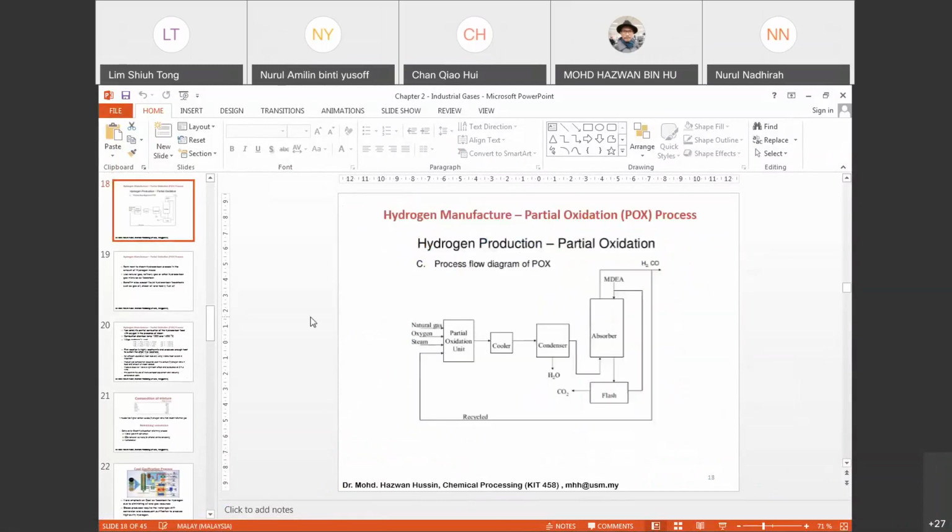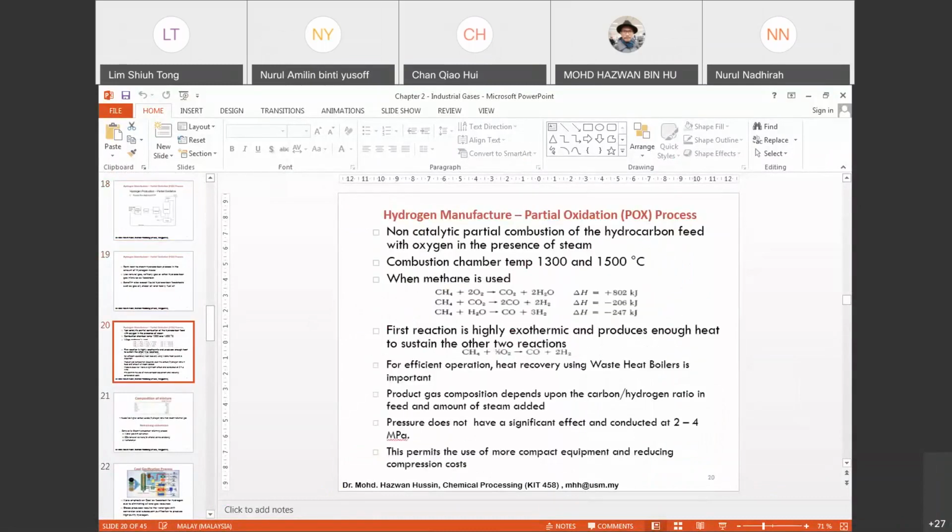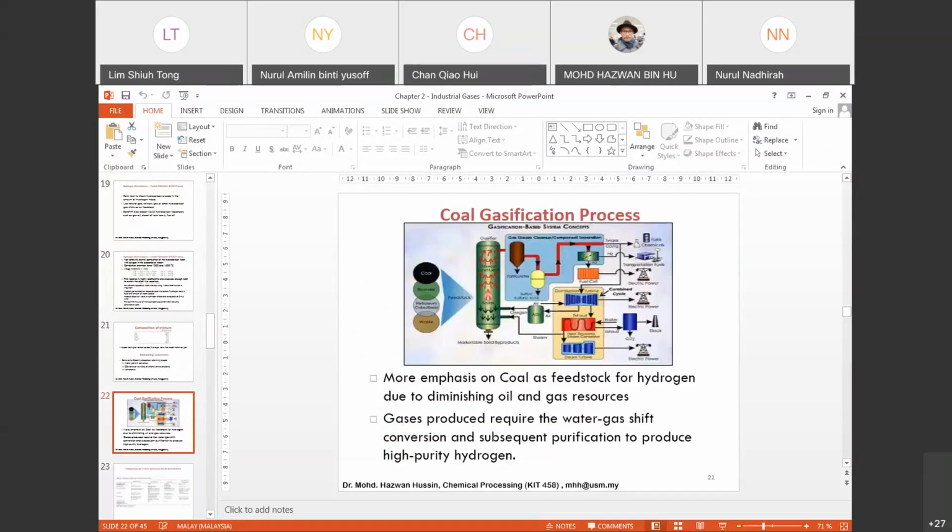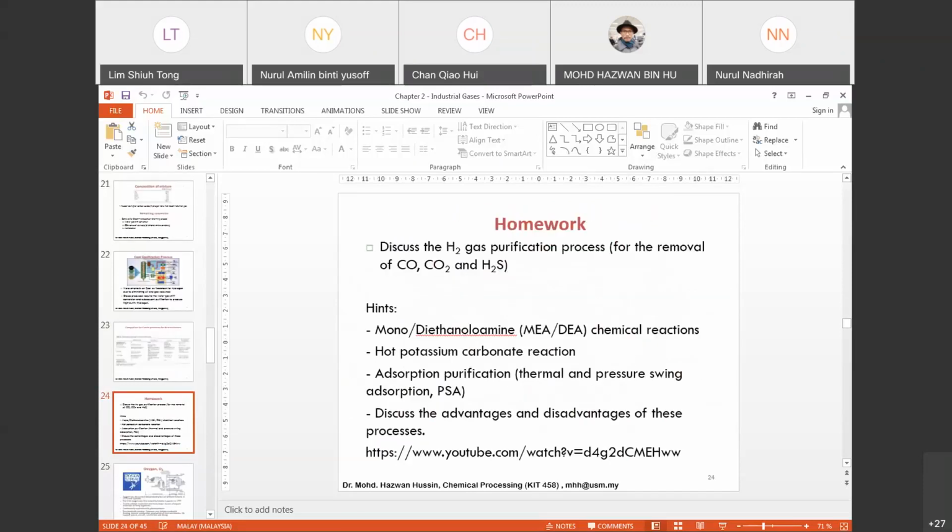We've gone through the partial oxidation process, and we also have looked at other things, for example, other methods like the coal gasification process.